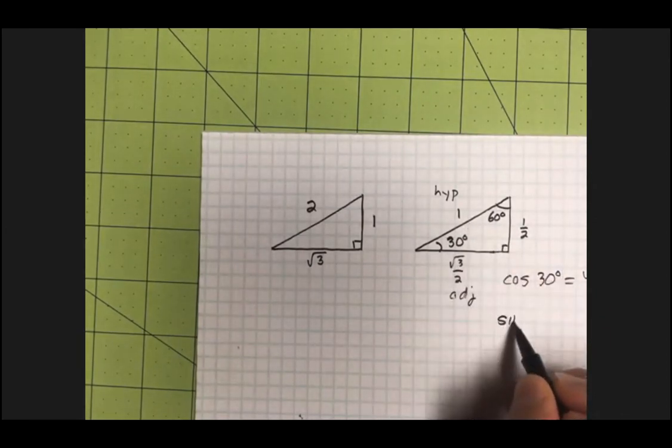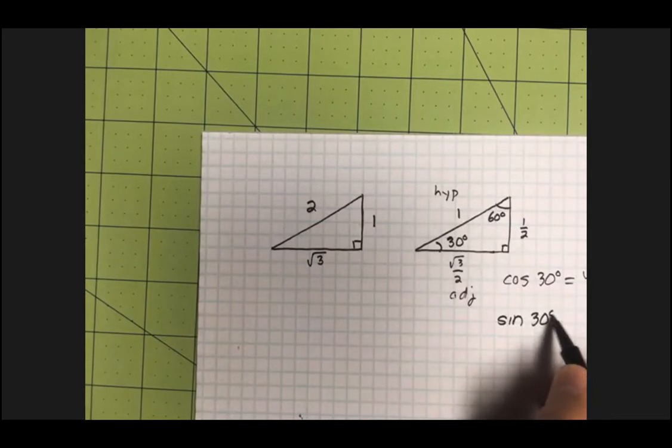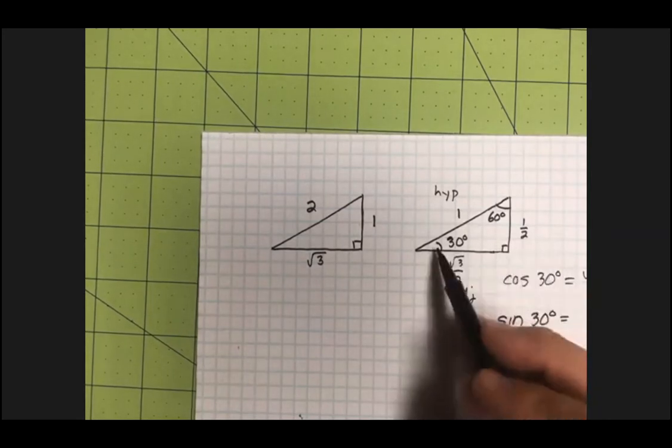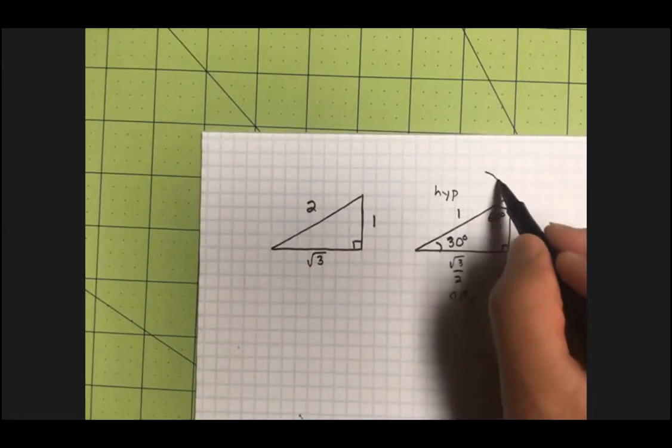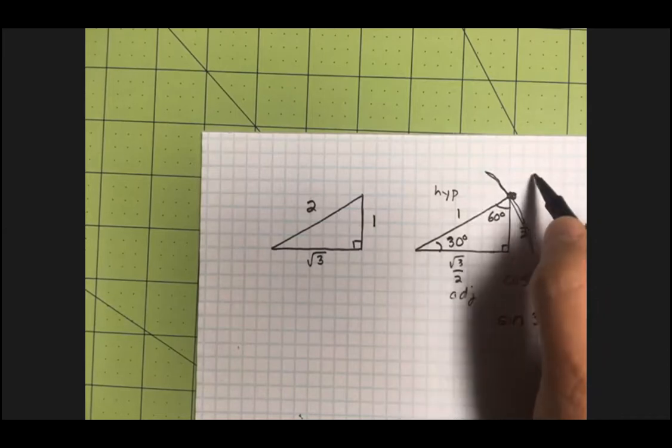Same thing for sine of 30 degrees. It will be 1/2 over 1. I won't even bother to write the over 1. I'll just say 1/2. And that will be the point on this unit circle.